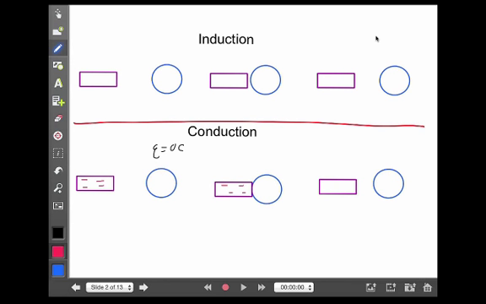So by making contact, charge will flow directly from the charged object to the neutral object. And so when I pull them away, they'll both be negatively charged. So when you charge by conduction, you give a neutral object the same charge.